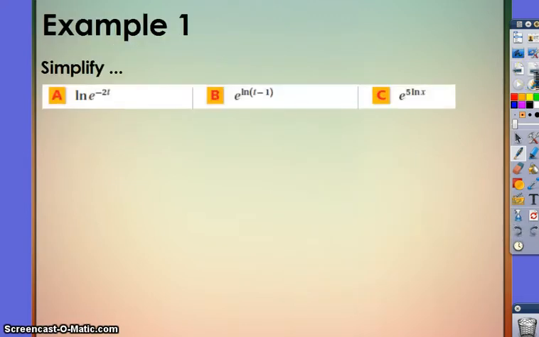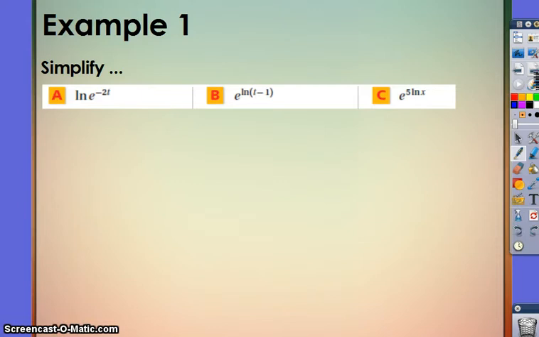All right, so in example 1, we need to simplify these expressions. We're going to use a lot of the properties that we've learned with logarithms here, because they still apply. All the properties that we have learned for logarithms transfer over to natural logarithms.